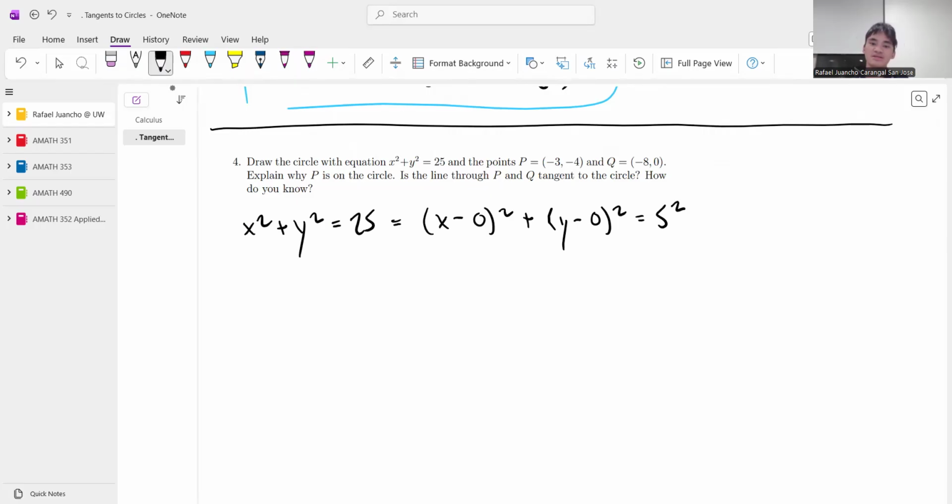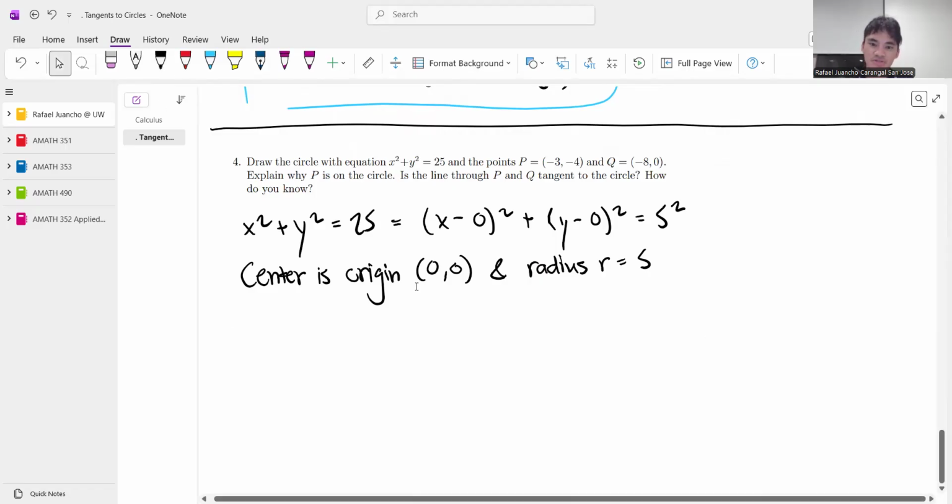This tells me the center is the origin, which is 0, 0, and the radius, which we'll just call r, is 5, right?